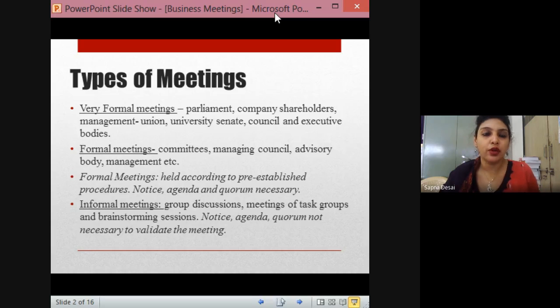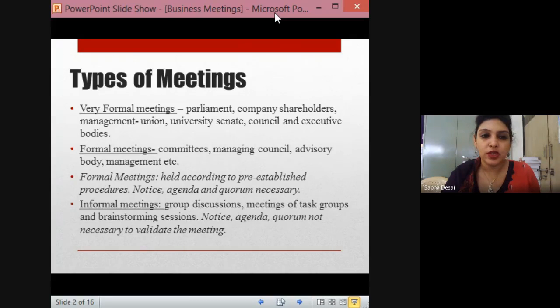Whenever you are organizing a formal meeting, all these procedures have to be followed. Notice has to be taken out, the agenda of the meeting has to be specified, and when the meeting is conducted, minutes of the meeting have to be written.